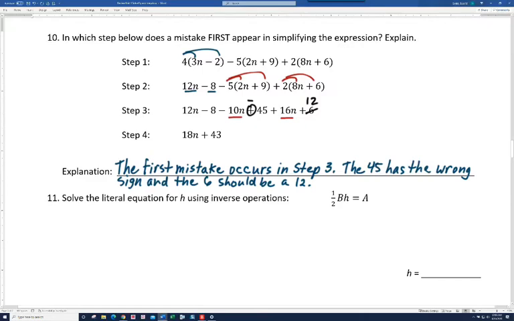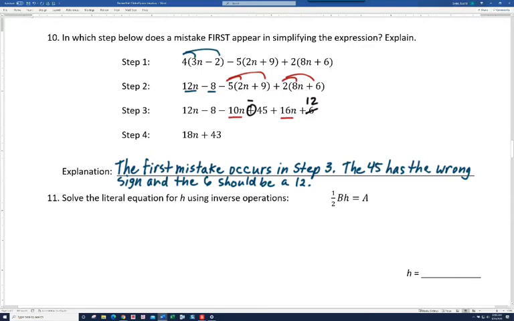It says solve the literal equation for h using inverse operations. So basically now we're going to take our equation solving skills and we're going to use them to solve this equation for h. Notice it's currently solved for a, but we don't want it to be solved for a. We want it to be solved for h.